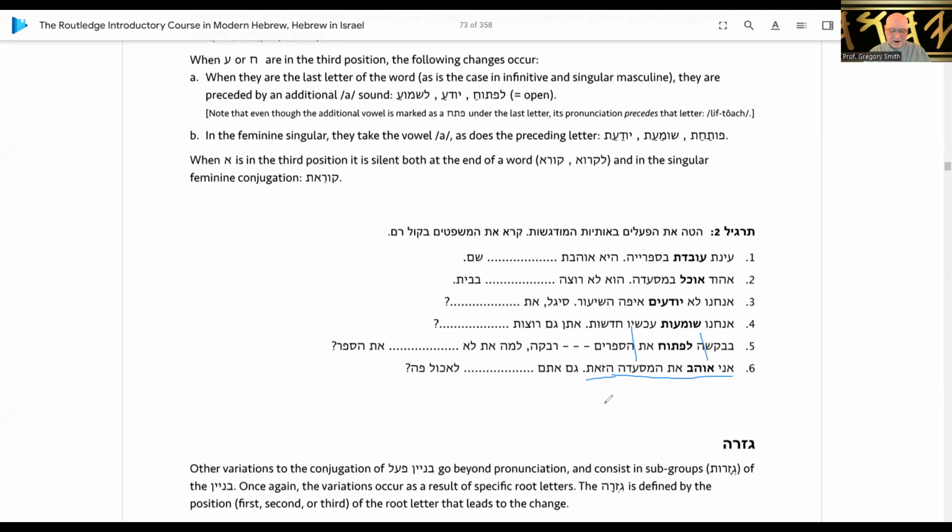Yeah, that's right, restaurant. אני אוהב את המסעדה הזאת. Hamisadah. Yeah, hamisadah is the restaurant. Okay, so that's the restaurant, and hazot means the this. So it's like speaking of the restaurant.